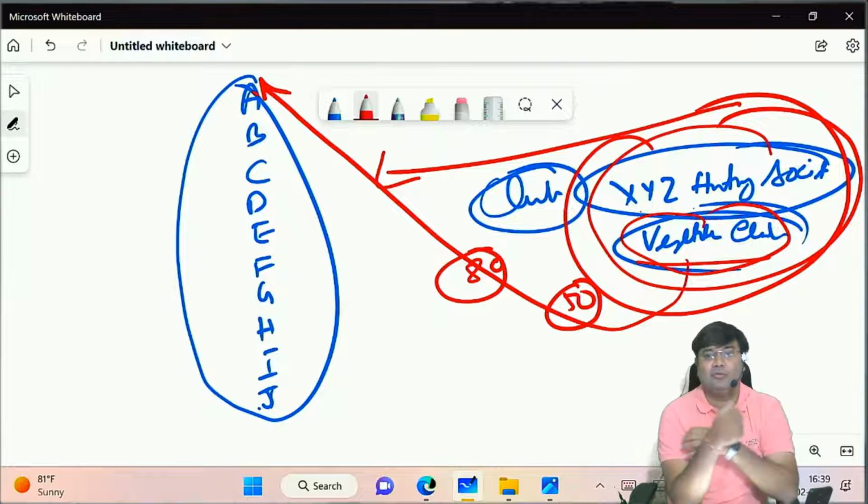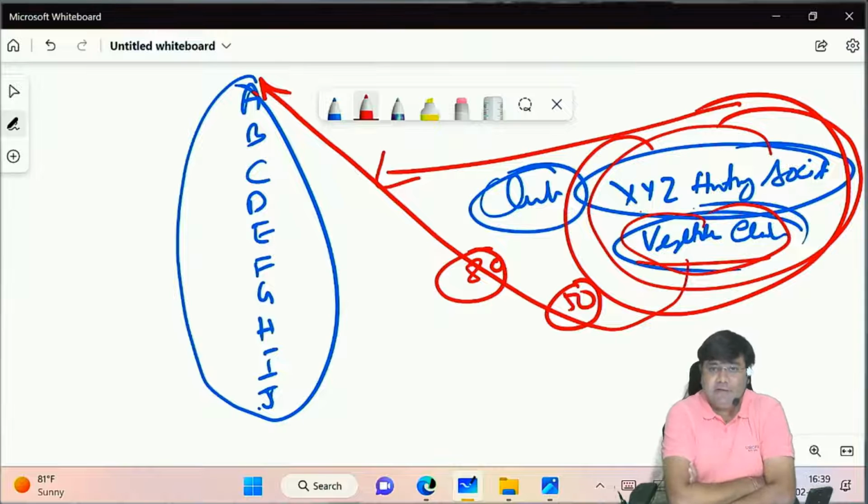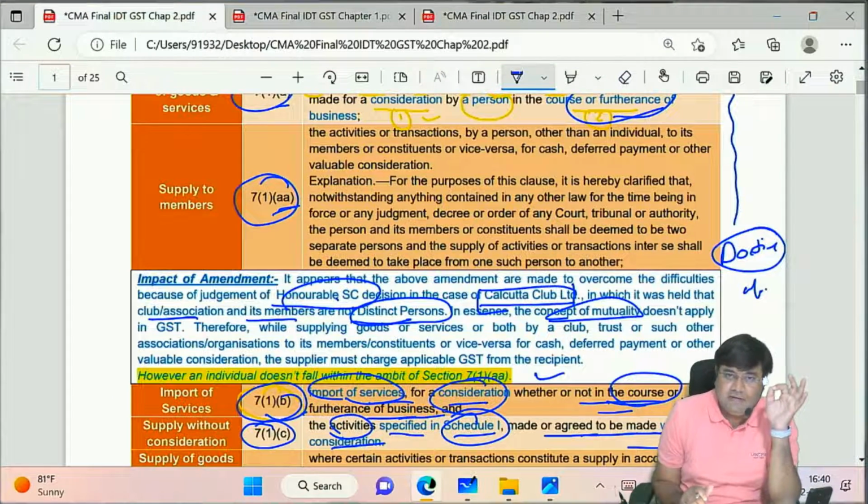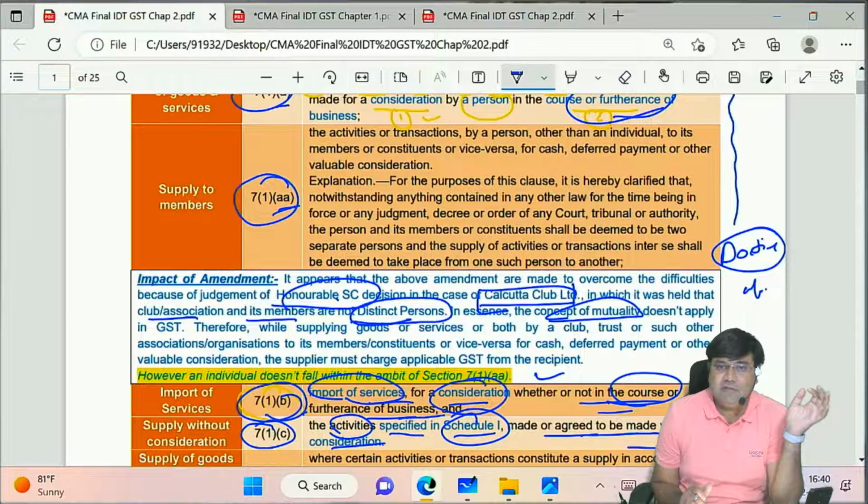So here also, now this became very tricky, because the Supreme Court judgment came in the case of Calcutta Club Limited. So to nullify this judgment, they amended section 7 by inserting section 7(1)(aa) from the retrospective date of 1st July 2017, the date on which GST was introduced.